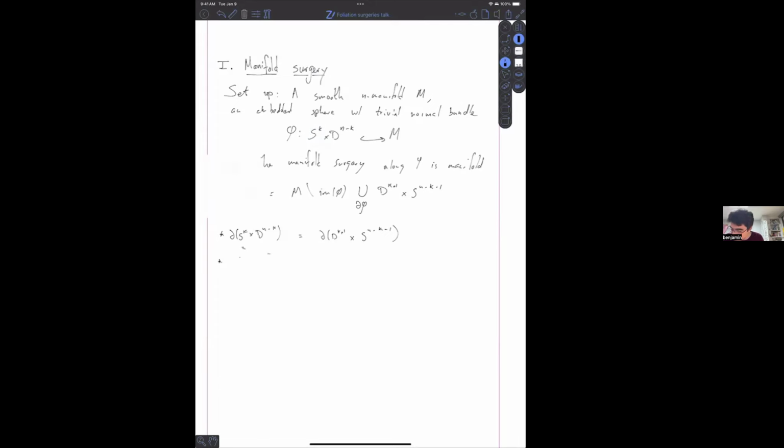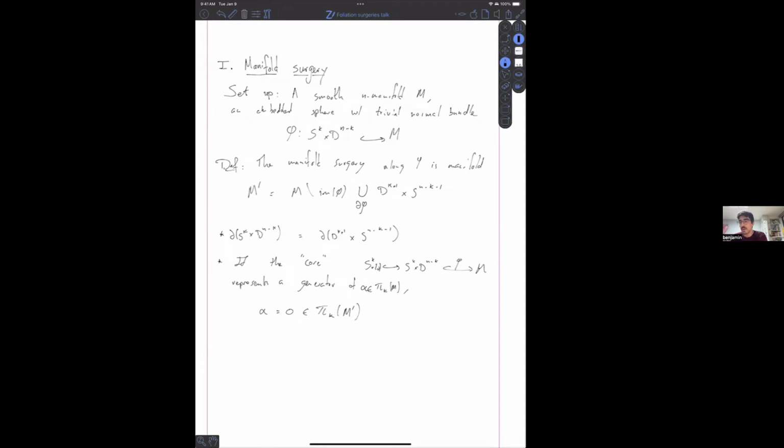And the point is, if the core, which would be this central sphere, maybe this times zero, represents some generator alpha of the fundamental group, then alpha gets killed in the surgered manifold.